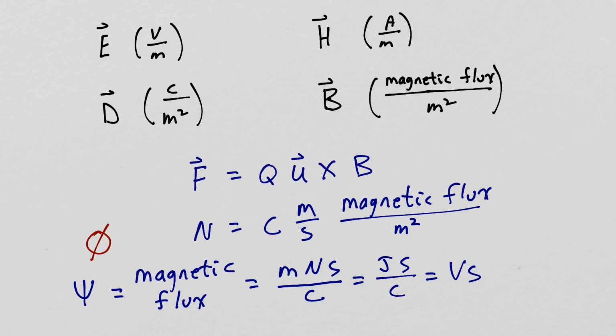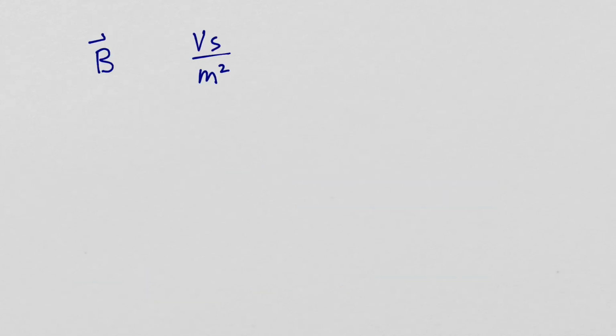Since volt-seconds is the unit of magnetic flux, volt-seconds per meter squared are the units of magnetic flux density field. Now the volt-second is more commonly referred to as a Weber, so the units of magnetic flux density will be Webers per meter squared. But the Weber per meter squared is also referred to as a Tesla.